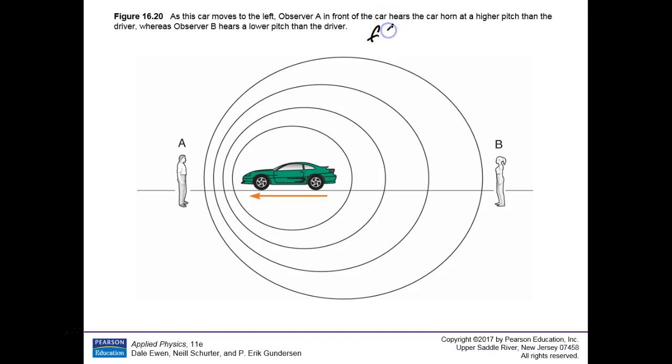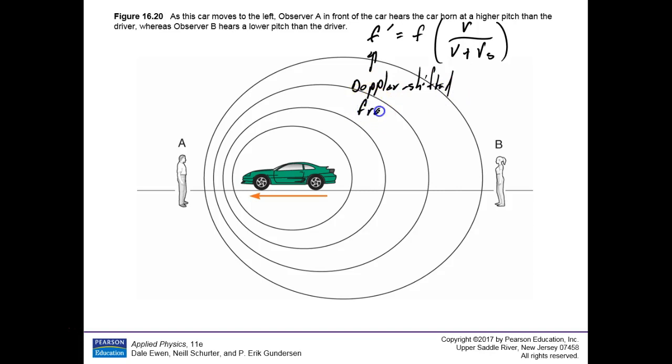F prime is equal to F times V divided by V plus or minus V sub S. Okay? Now, what do those things stand for? F prime is the Doppler shifted frequency.